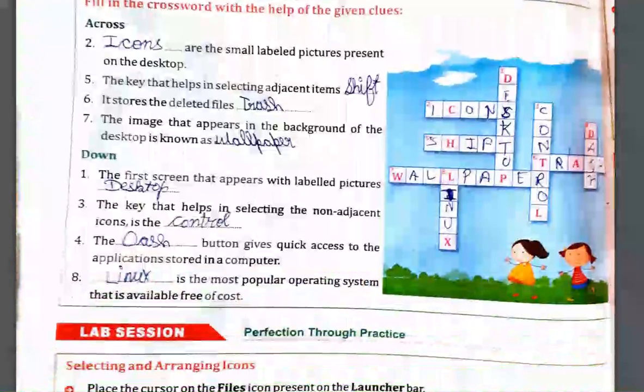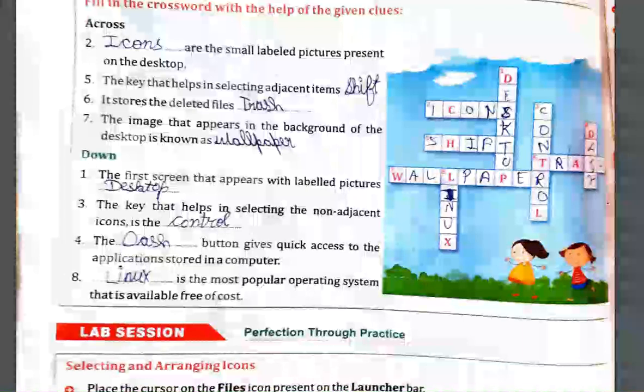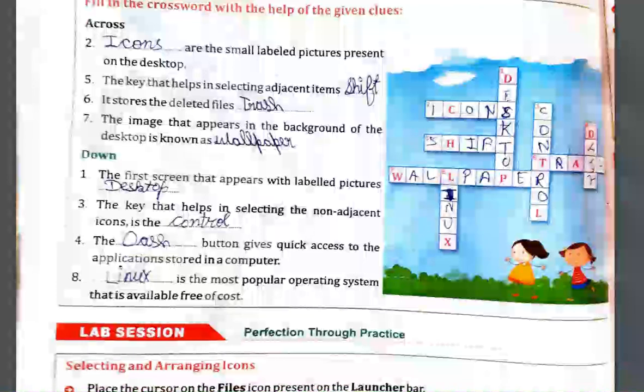Across. Dash are the small labeled pictures present on the desktop: Icons. The key that helps in selecting adjacent items: Shift. It stores the deleted files: Trash. Down. The image that appears in the background of the desktop is known as wallpaper.